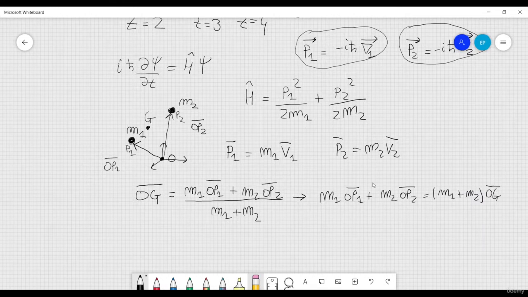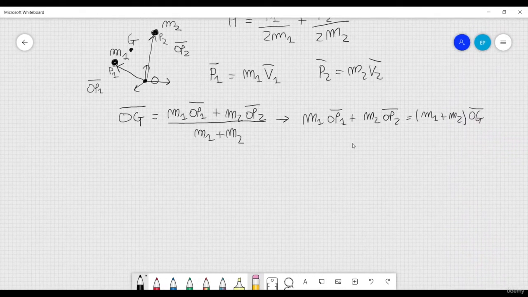Now I would like to take the derivative of this expression with respect to time. Because this way, if I take the derivative of OP1 with respect to time, I will get the velocity of the first particle, v1. By definition, when I take the derivative of a position vector, I will obtain the velocity.